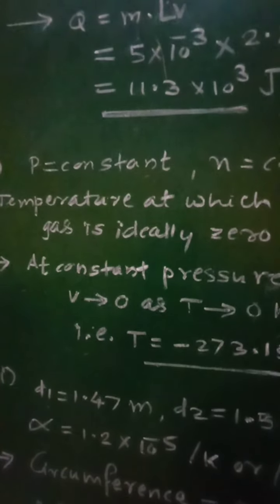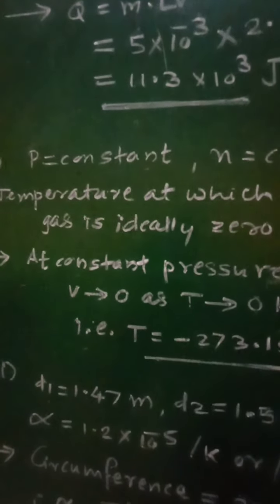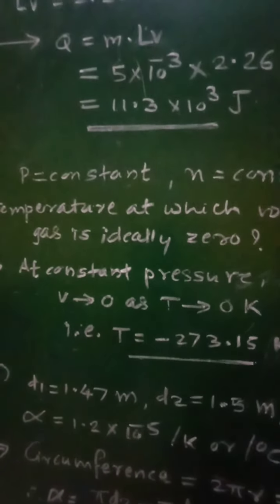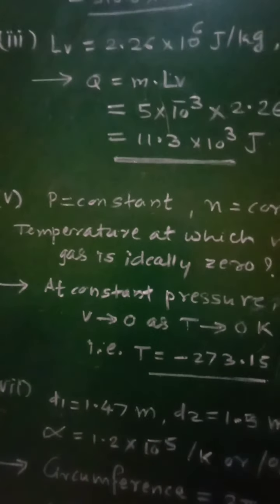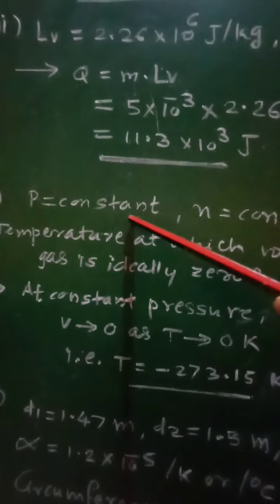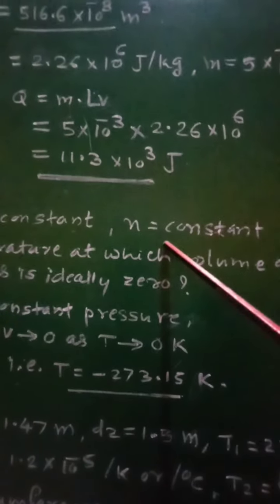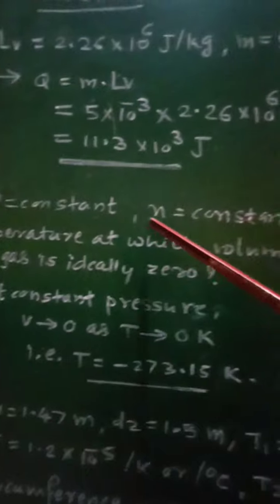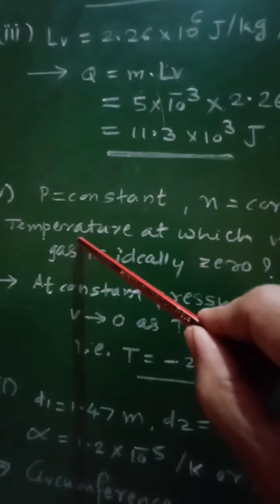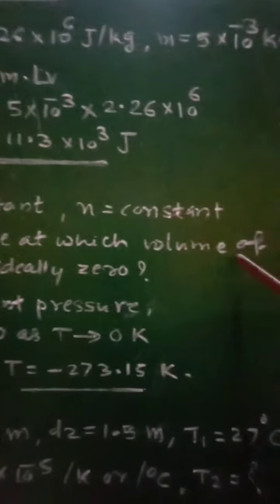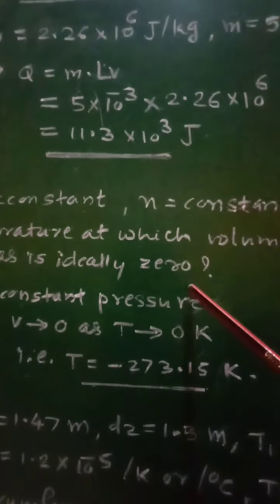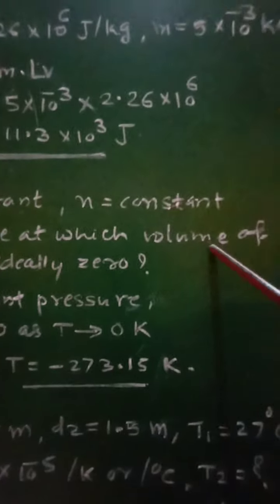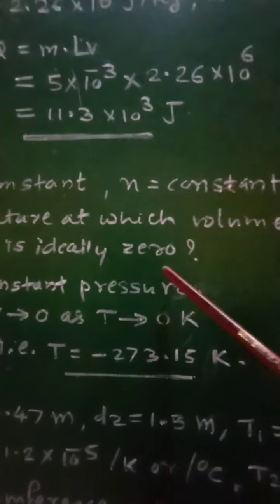At what temperature will the volume of the gas be ideally 0? From this numerical we have given the pressure P is equal to constant. Similarly, the number of moles N will be equal to constant. So P is constant, N is constant.